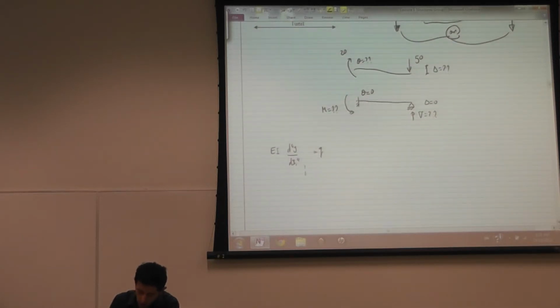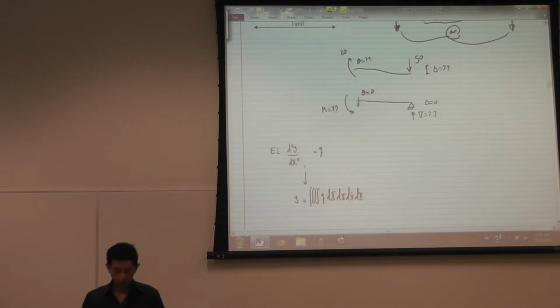You can integrate, and you're going to get that y is equal to the integration of q dx, whatever that function q is. If q is constant, this is integrated 4 times, plus 4 constants.